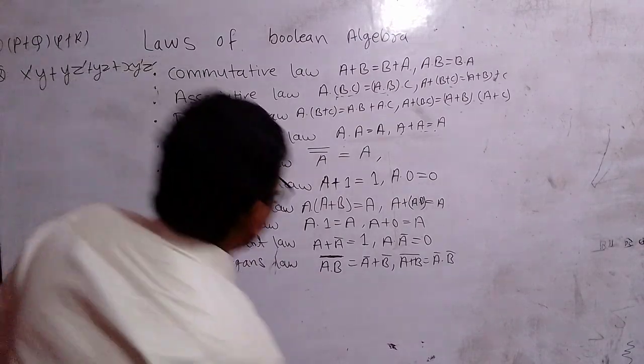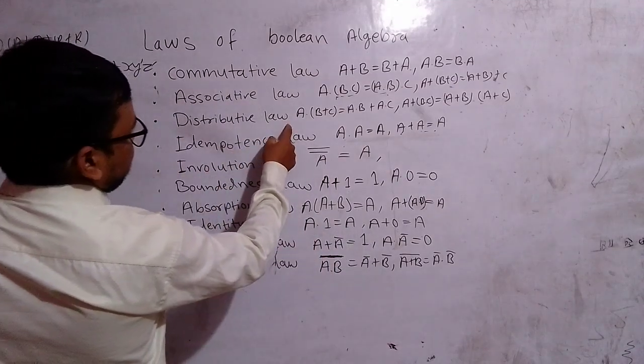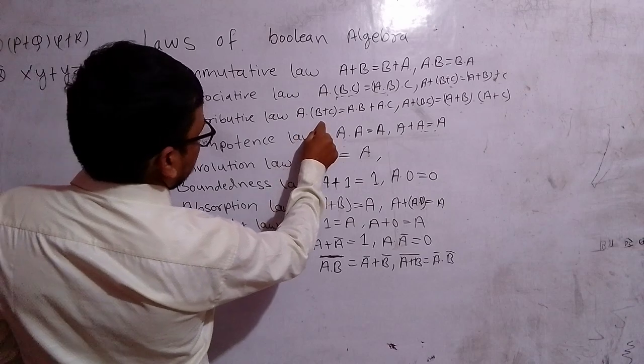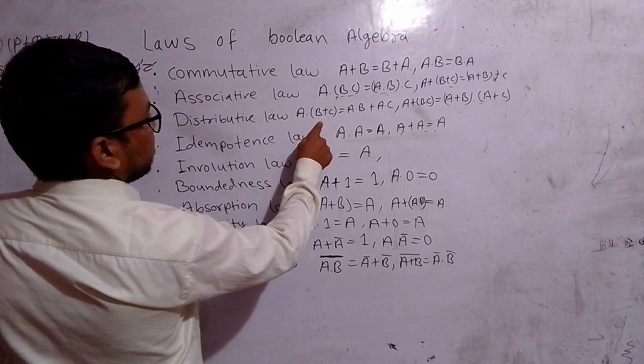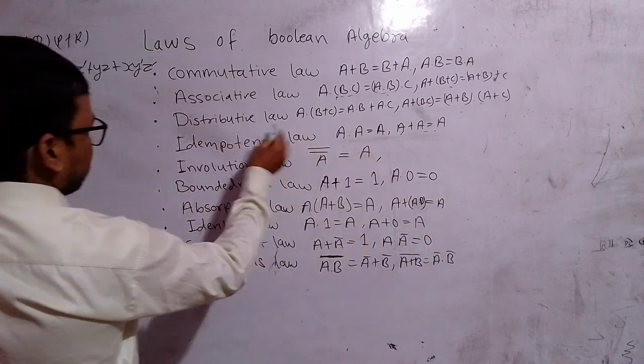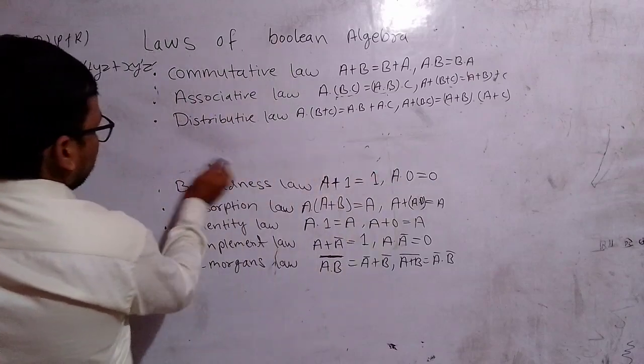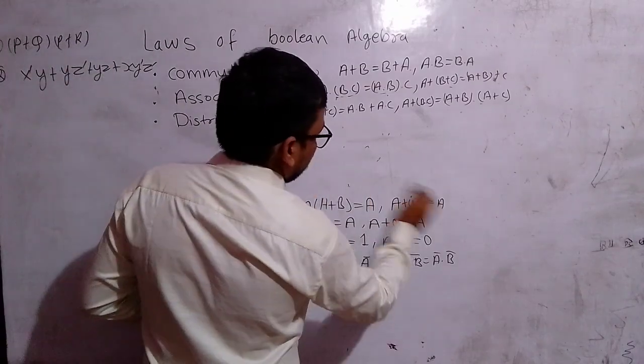Now let's verify any one of these expressions. We can observe that the distributive law seems more complex than other expressions. So let's try to demonstrate whether the distributive law will hold or not.